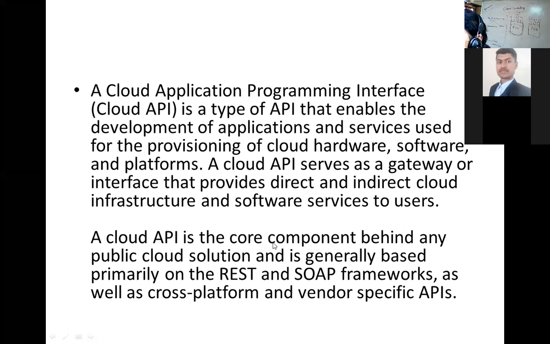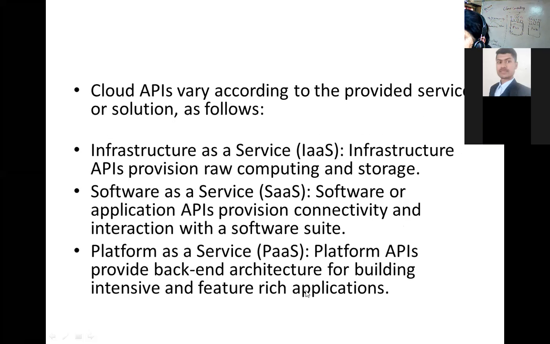We'll discuss what REST and SOAP are, as well as cloud platform and vendor-specific APIs. Cloud APIs vary according to the provided service or solution. So it depends on whether you are taking infrastructure as a service, software as a service, or platform as a service.